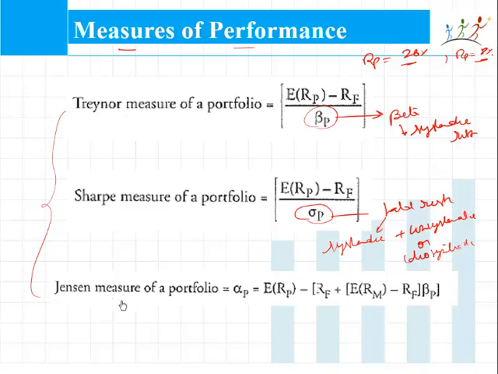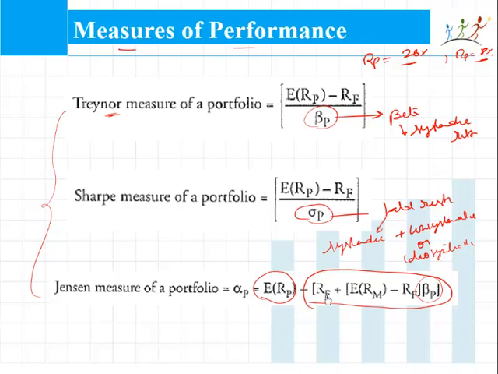The Jensen's measure or the Jensen's alpha gives us the same ranking as the Treynor measure and also uses the definition of risk as beta. So the Jensen's alpha is the return that the portfolio has generated over and above the CAPM required return.